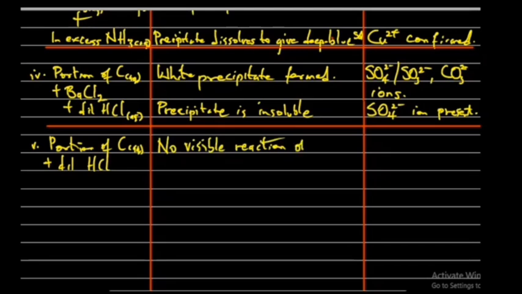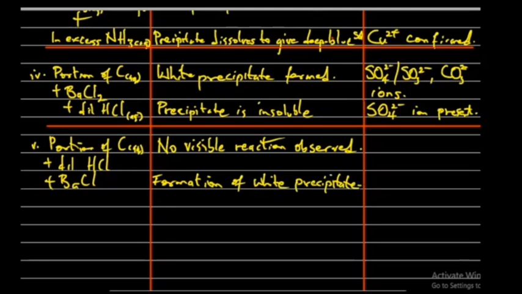But when we now add barium chloride to the substance, we discovered that there was a formation of white precipitates. And this tells us that we have SO4 2- ion present.